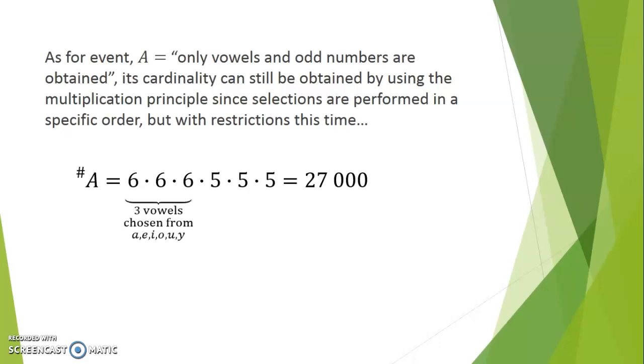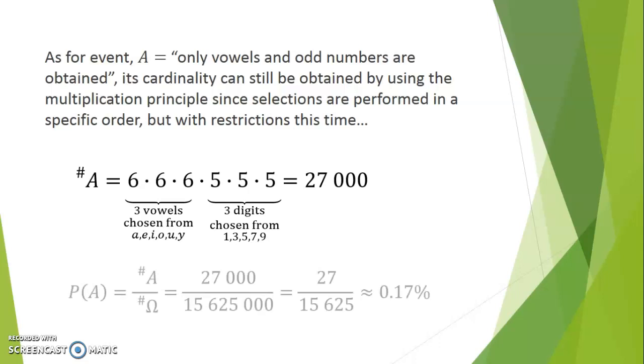So 3 vowels to choose from, 3 digits to choose from 1, 3, 5, 7, 9, and those selections are made in each 3 positions in the case of letters and in the case of the digits. So the probability that your license plate, if it is randomly printed, has only vowels and odd numbers is 0.17%.